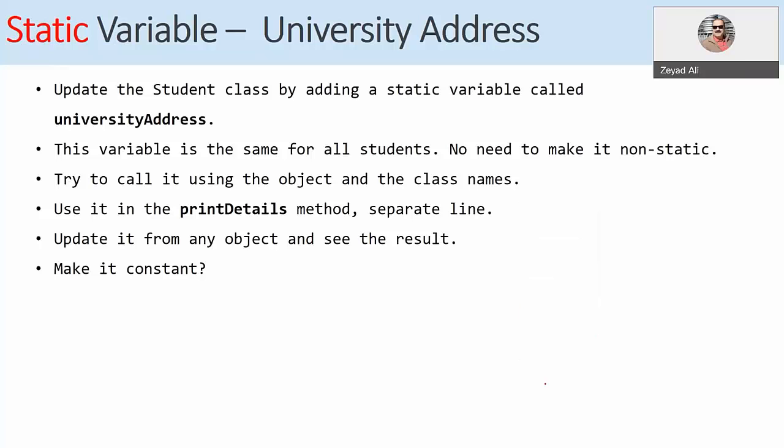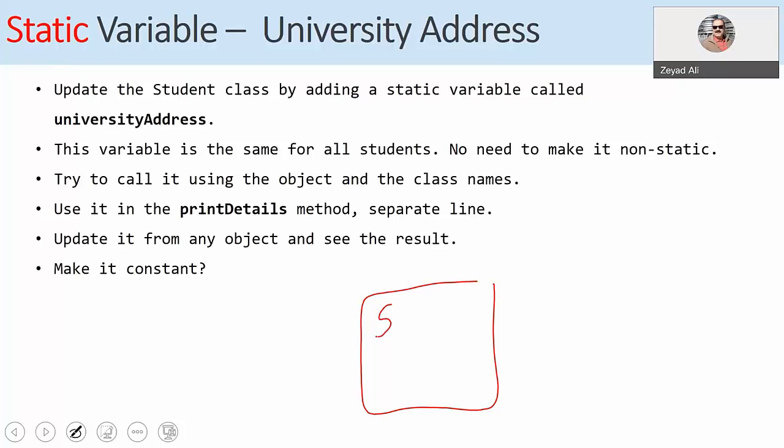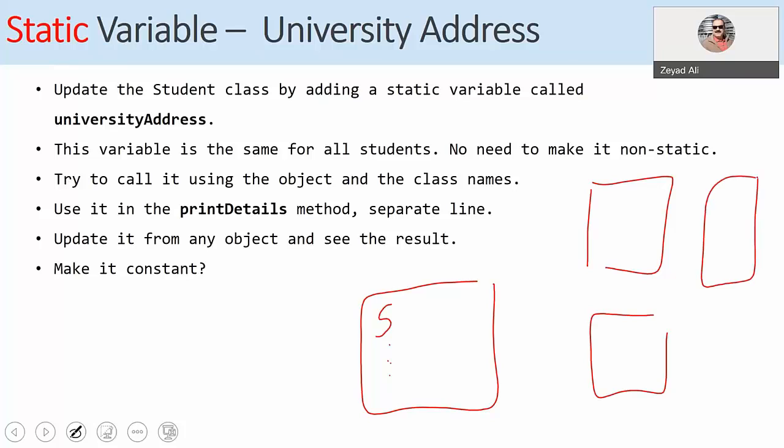If we see this, for example, if this is a class and you have one static variable, let us call it S, and other variables that are non-static, let us say A, B, whenever you create objects from the class, each new object will get its own copy of A and B. However, since S is a static variable, there will be no copies.